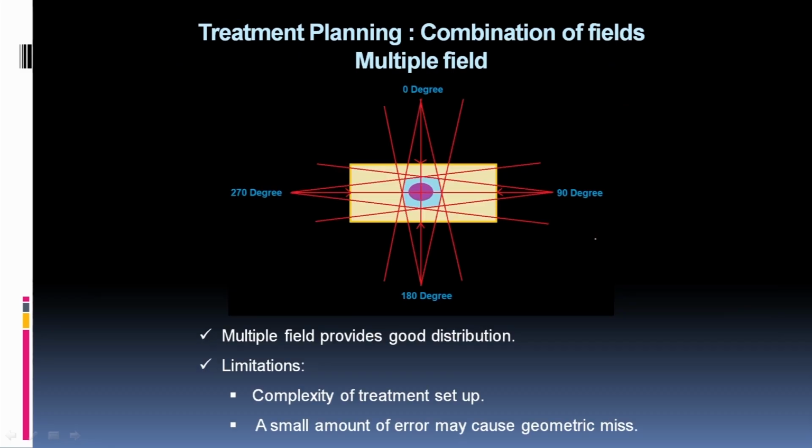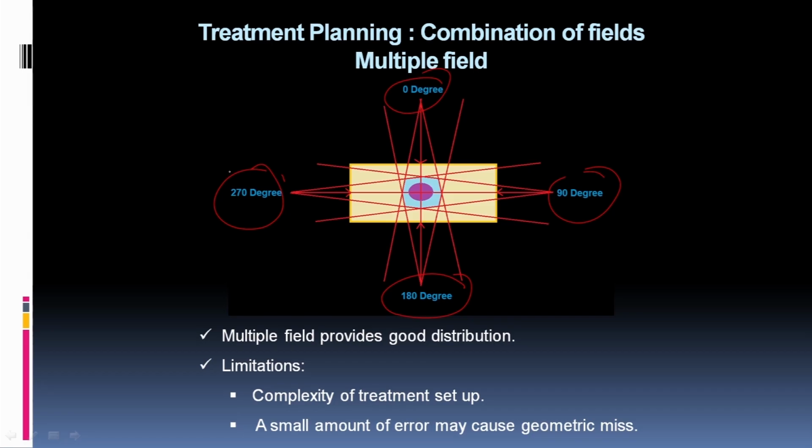Now, here you can see, to avoid the tissue lateral effect, we can increase the multiplicity of the beam in the radiation treatment technique. Here we can use multiple fields, the 4 field technique, where we direct one beam from 0 degree, one beam from 90 degree gantry angle, one beam from 180 degree and another beam from 270 degree.